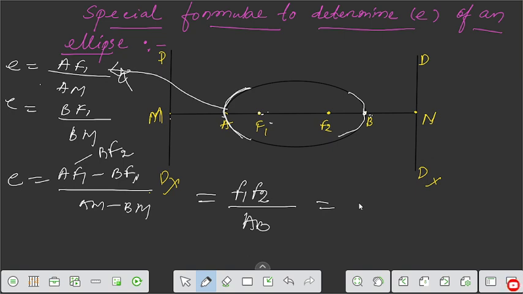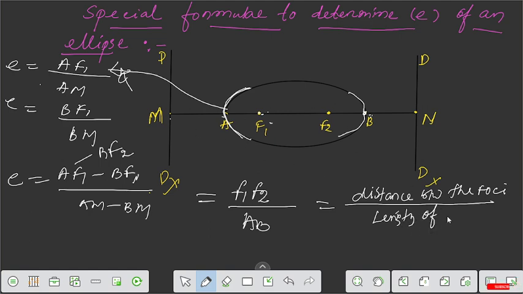So eccentricity you can always write with another formula from the ellipse: distance between the foci, that means the two focus, divided by AB. AB means the length of the major axis. This is the length of the major axis, and this other one is the minor axis. This is another formula we have to remember.